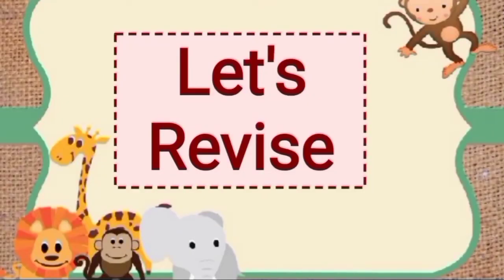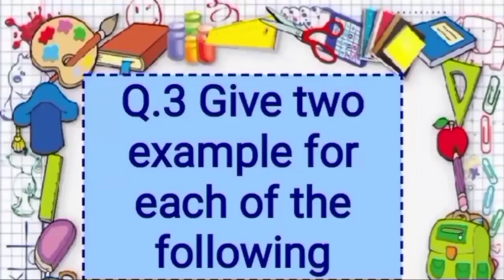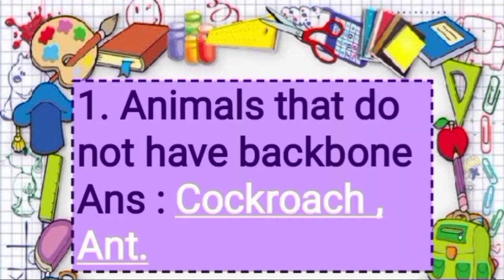So let's revise. Question 3. Give 2 examples for each of the following. First, animals that do not have a backbone.